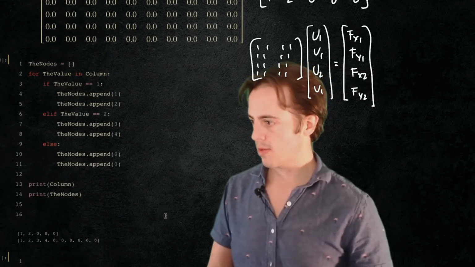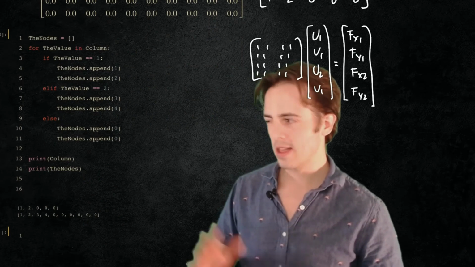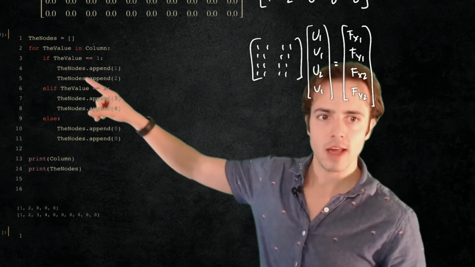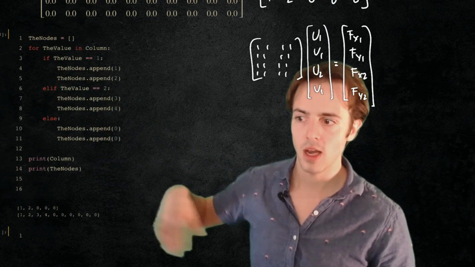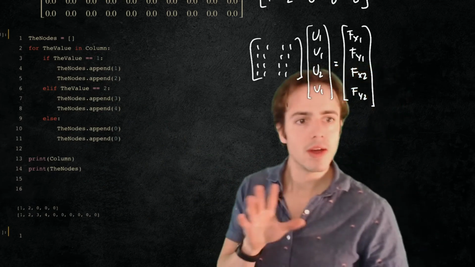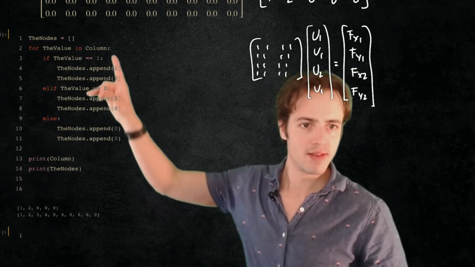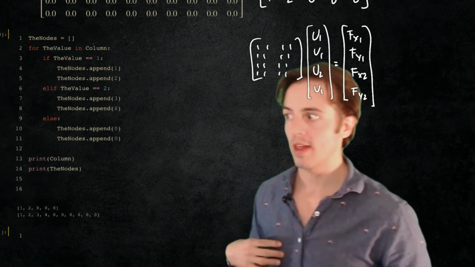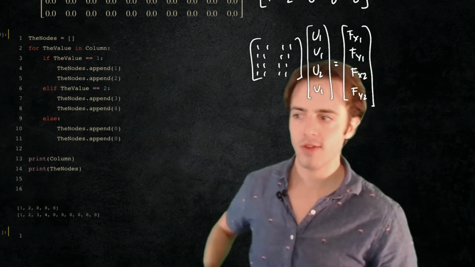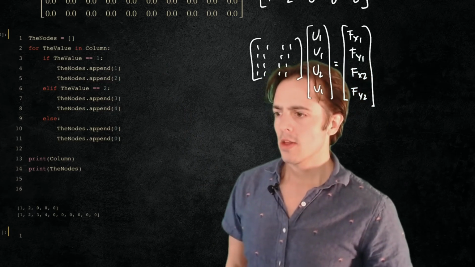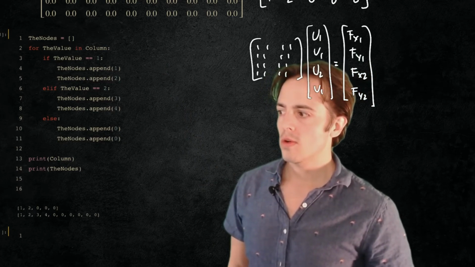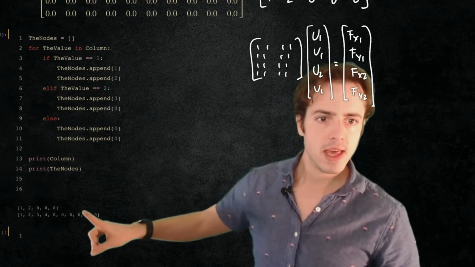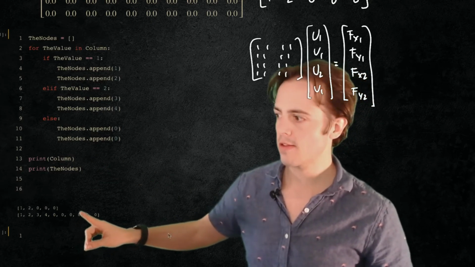Again, I did this with the list comprehension earlier. You can actually do this in a single line if you want to, but I've chosen to do it as a nested set of ifs, because that helps us. We've now got this here, but at this stage it doesn't quite help us yet.